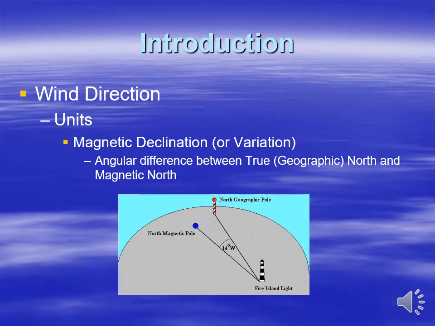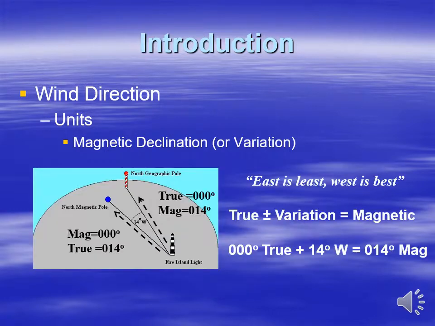What's the difference between magnetic north and true north? We call that magnetic declination or variation. It's the angular difference between true north and magnetic north. And as you know, magnetic north is not the same location as geographic or true north. And there are conversion factors back and forth depending upon where you are located on the Earth.